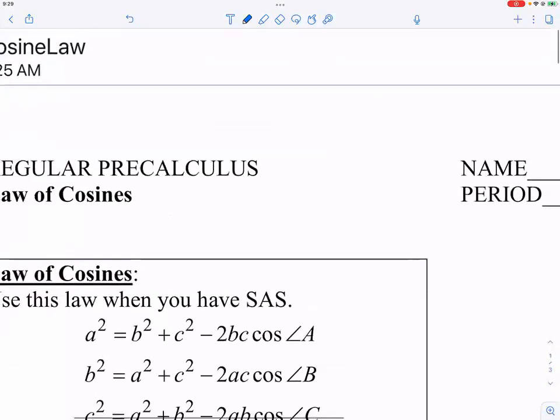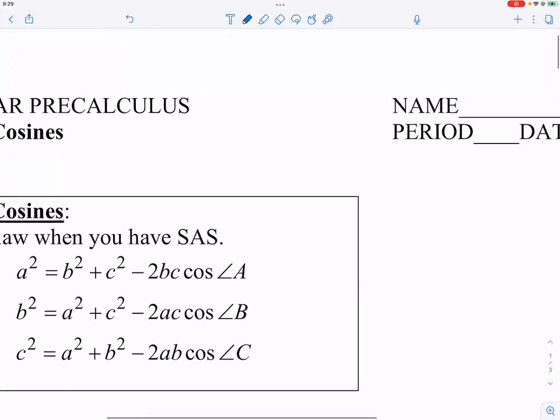Now, if I were to ask you, can you write down the law of sines at the top of the page without looking at your notes?